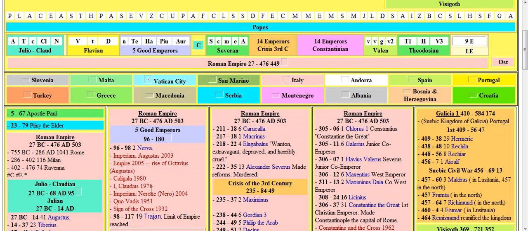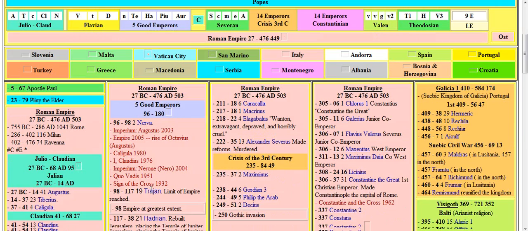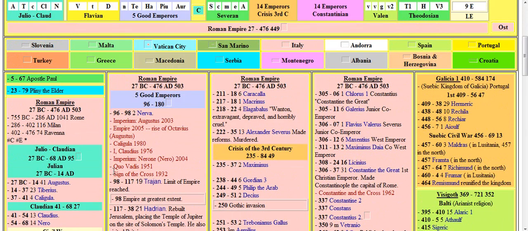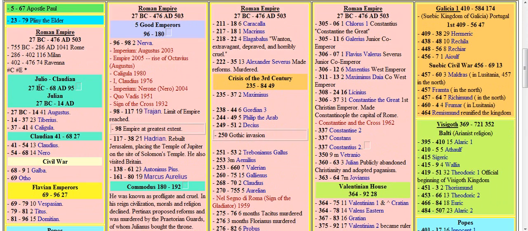So then you can scroll down, and here's the Roman Empire. It's the pink. In blue you have the Roman Emperor, and here are his dates, and this is how long he was Roman Emperor. Showing the Julio-Claudian dynasty, you have these 3 guys: Augustus, Tiberius, and Caligula.